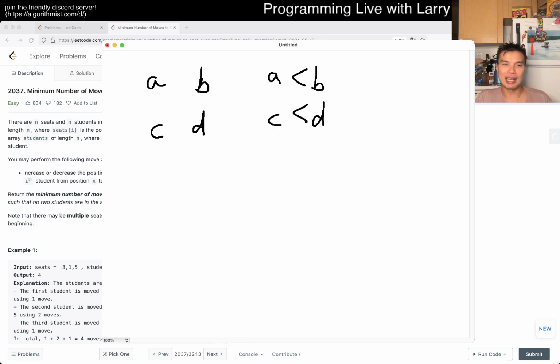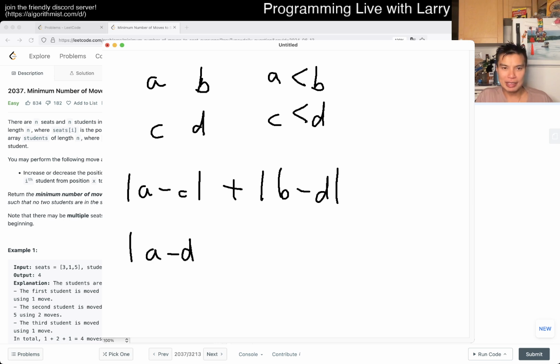And in this case, the cost is going to be, so there are two ways, right? It's the absolute value of A minus C, though they don't give you the formula for this one. I think I just skipped it in my head, which maybe is my fault. Oops, why did I have a plus here? So you have this, and then you want to make a comparison to A minus D plus B minus C, right?